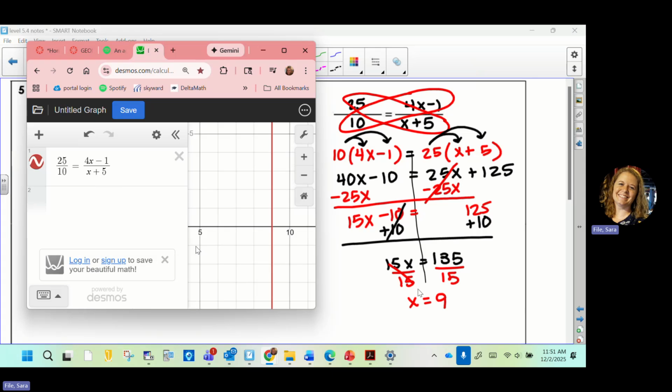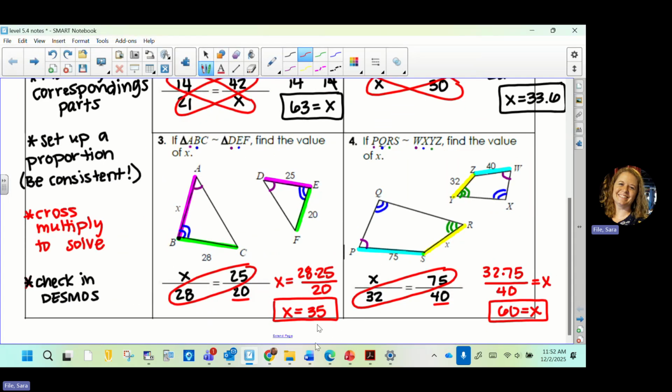And that's what we got algebraically as well. So you can do it that way. No, I'm not going to show you another way. This is the simplest way in Desmos: just type your proportion and see the vertical line through your solution. You can do it with the more simple ones, even these on the front that we did.